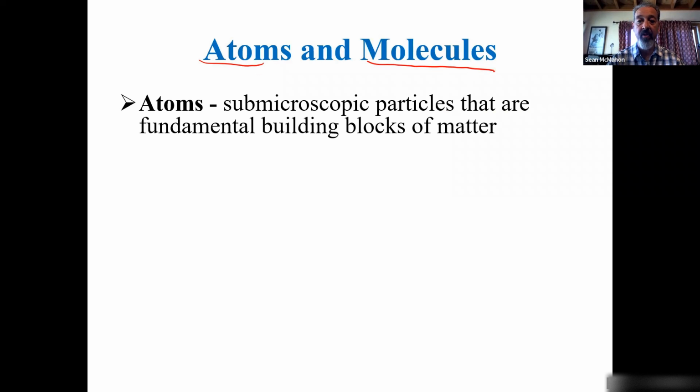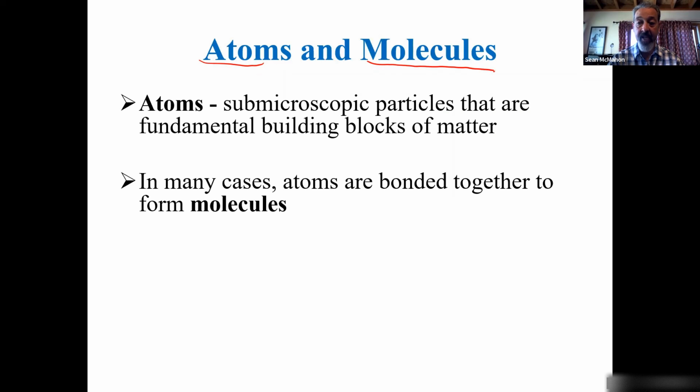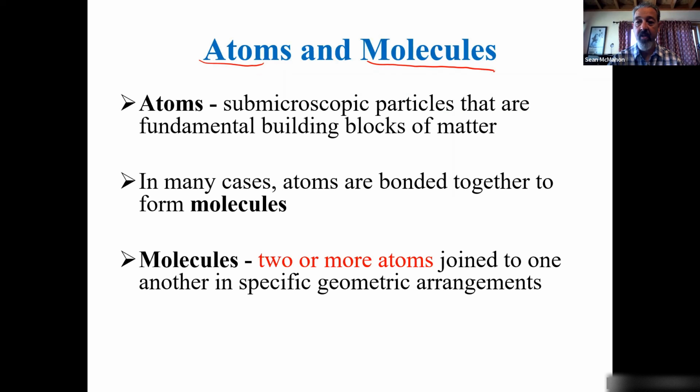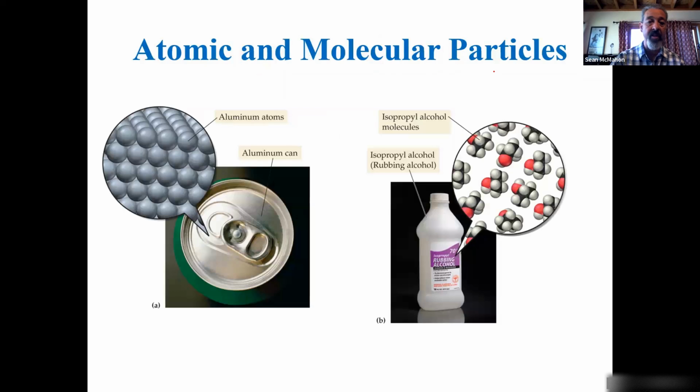Atoms are the particles that are the building blocks of all matter. In many cases, the atoms are going to bind together to form molecules, like in the case of H2O. Molecules are two or more atoms joined in a certain shape. Here's an example. Let's say I had an aluminum can. If I broke it down to the microscopic level, I would just see a bunch of aluminum atoms. How would I write for that pure substance?